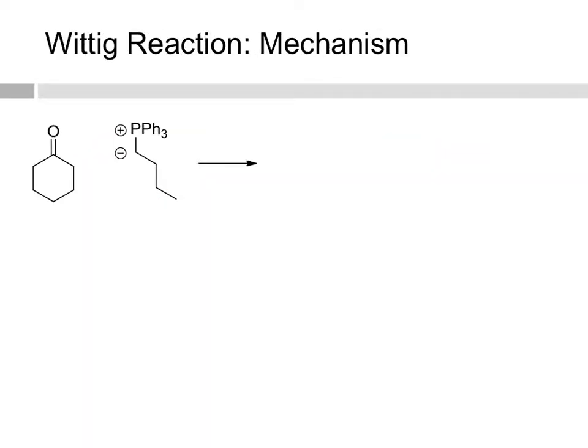The mechanism of the Wittig reaction starts with the attack of the ylide onto the carbonyl. The carbon of the ylide can attack the carbonyl carbon in a nucleophilic addition to form the tetrahedral intermediate.